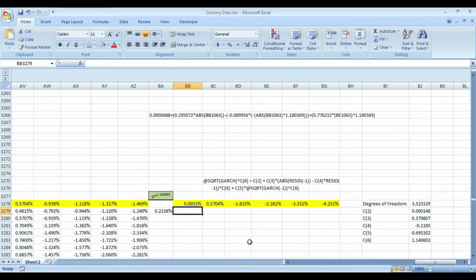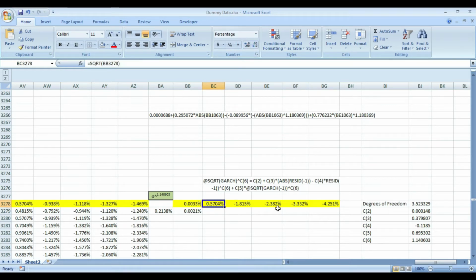So to convert this to variance, or standard deviation to the power of 2, or standard deviation squared, we would simply need to do this, 2 by 1.140603. So you will get your variance. So I'll convert this into percentage.